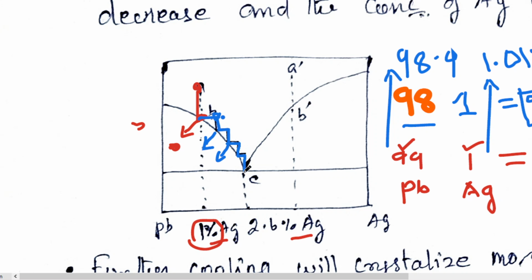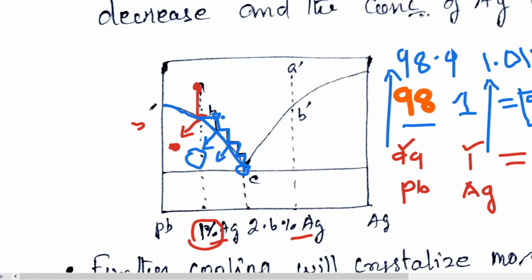But at this point, what happens? When it reaches the point C, if you repeatedly do this, the composition exactly moves on the curve AC, and lead is getting deposited.